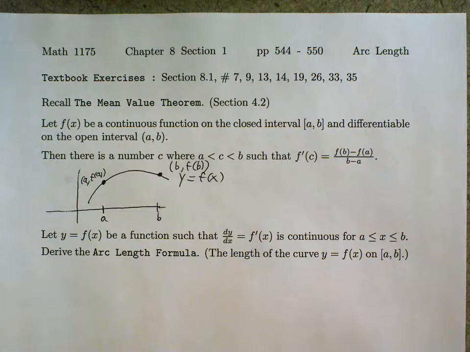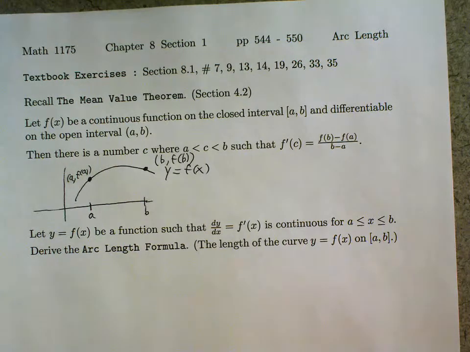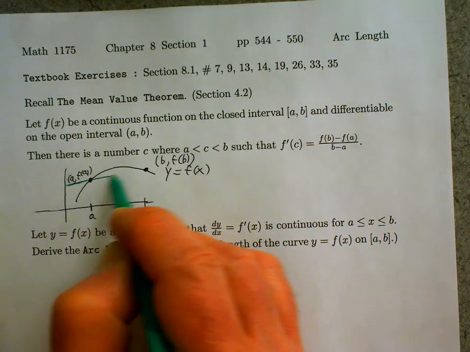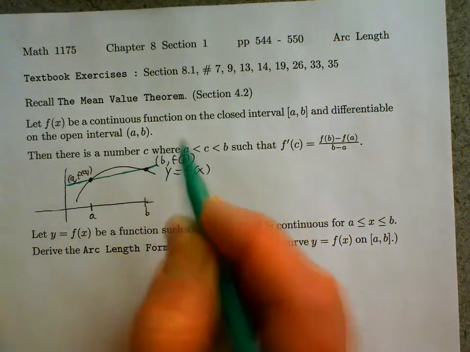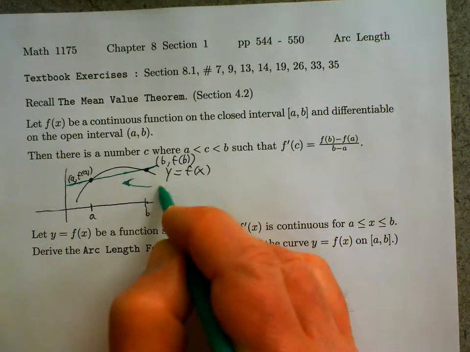If you draw a straight line through those 2 points on the graph and compute the slope of that line, you might recall, this is referred to as a secant line.